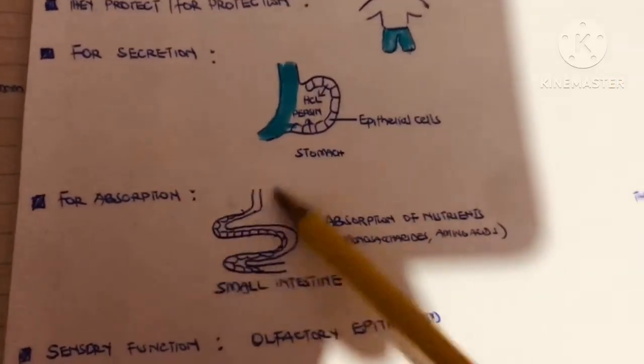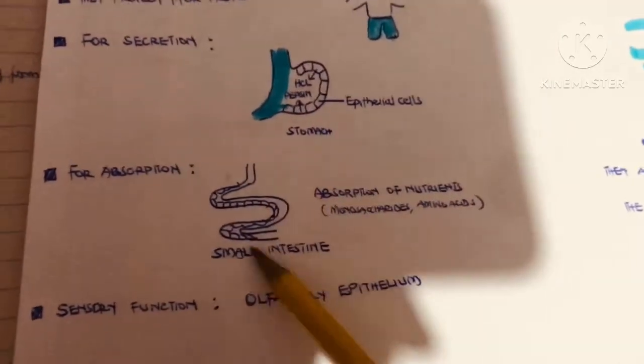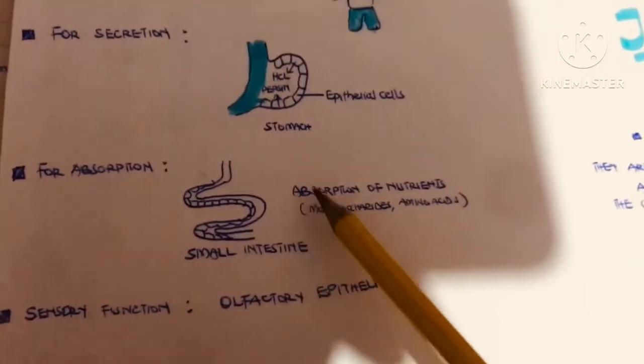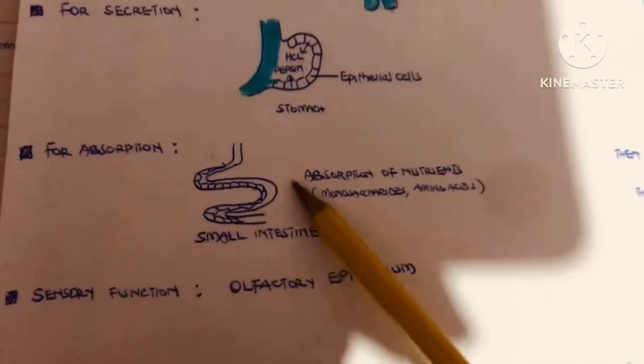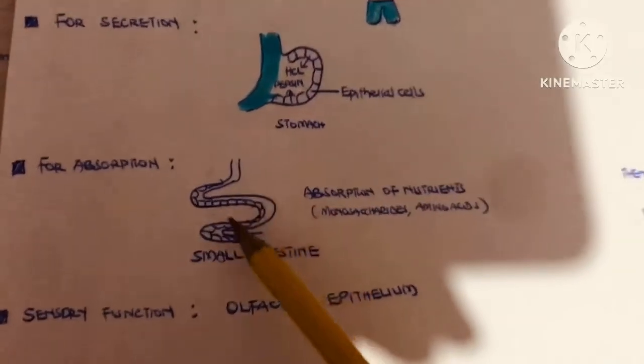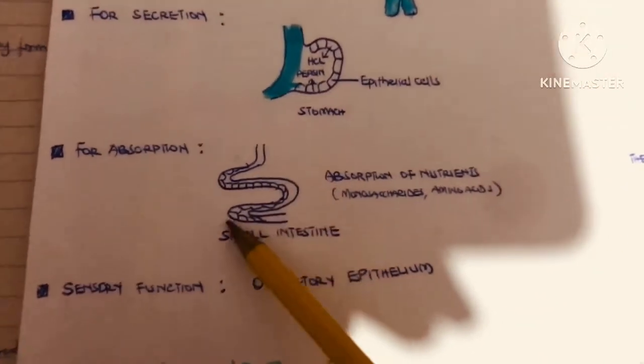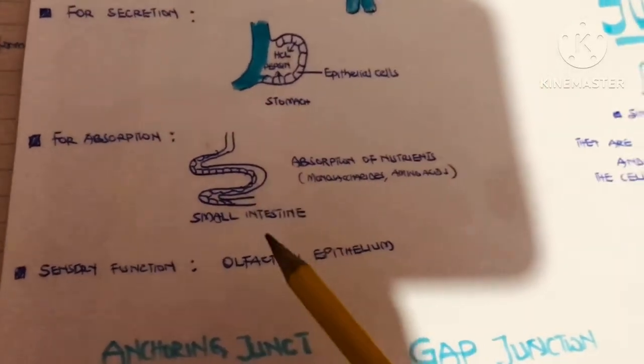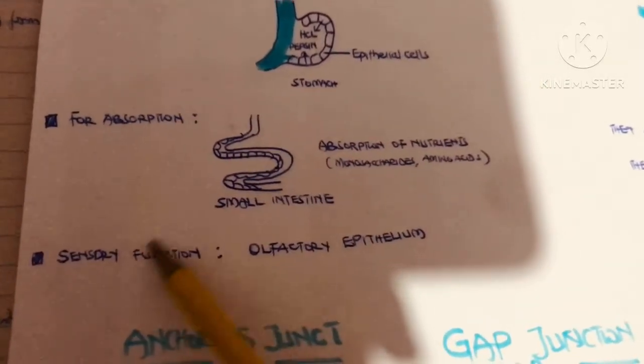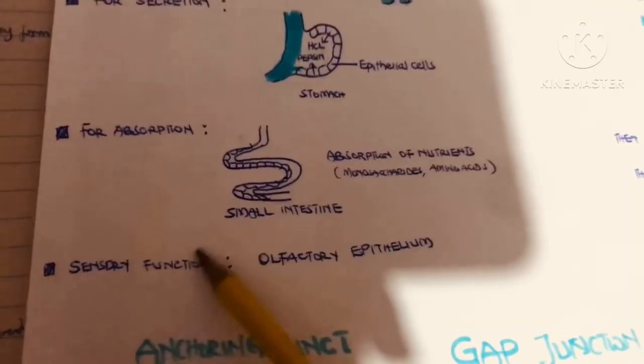They are also for absorption. When you look at your small intestine, we say absorption takes place in the small intestine, and it is by the help of these epithelial cells. You understand? They are also for sensory function.